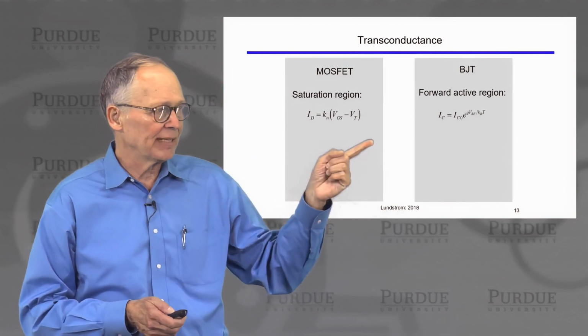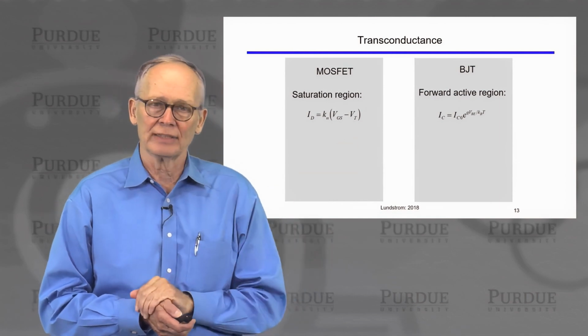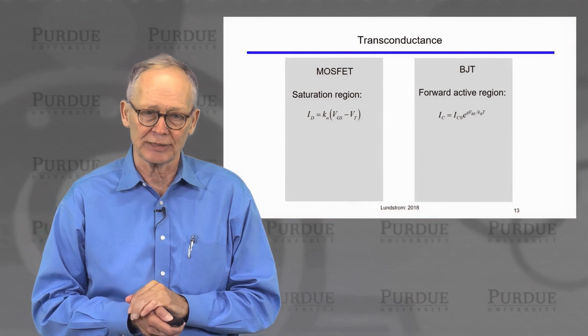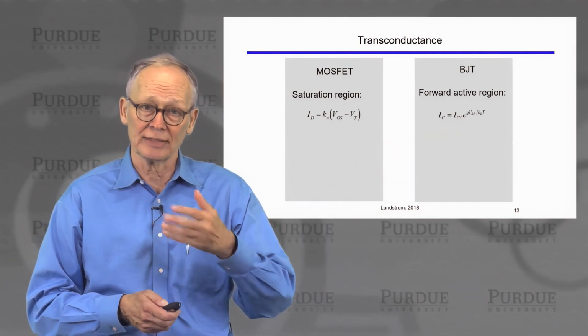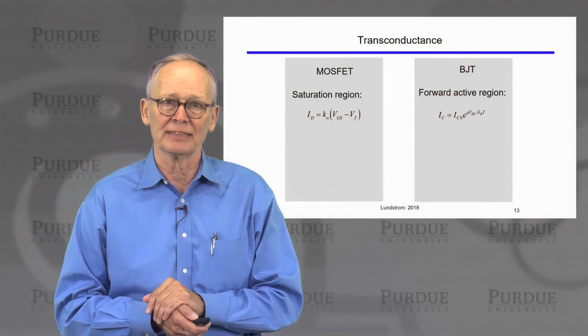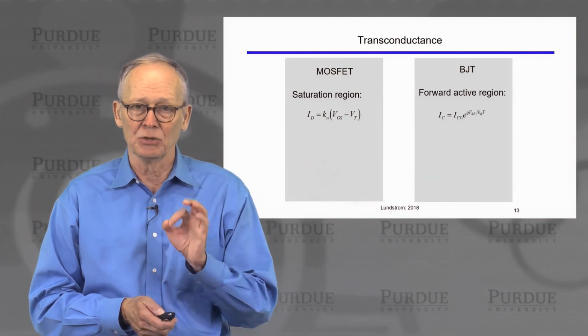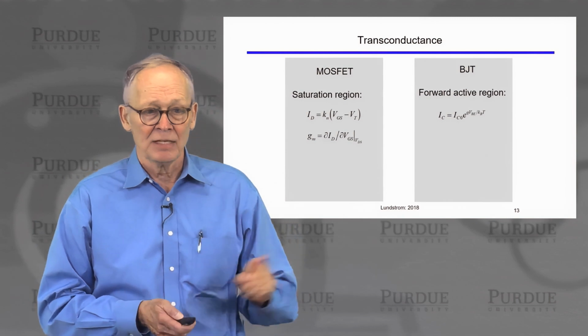Now, in a MOSFET, in the velocity saturated mode, the drain current is given by a set of constants times VGS minus threshold voltage. In the bipolar transistor, the behavior is exponential due to this exponential injection of electrons across the emitter base energy barrier. So it's proportional to e to the q voltage between the base and the emitter over kT.